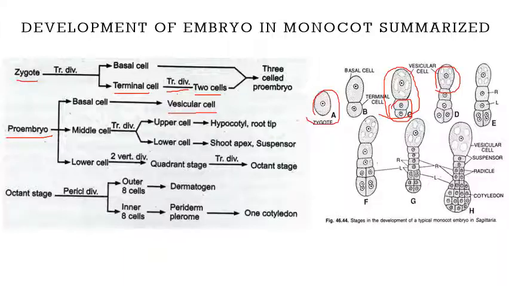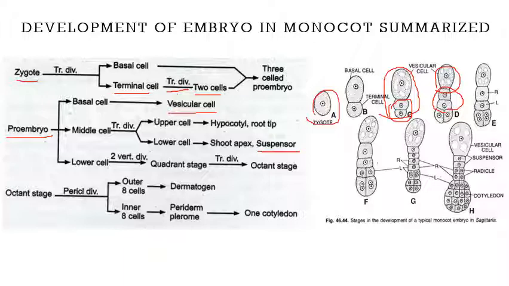The upper cell forms the hypocotyl and the root tip in the entire plant after development. Then the lower cell forms the shoot apex and suspensor.